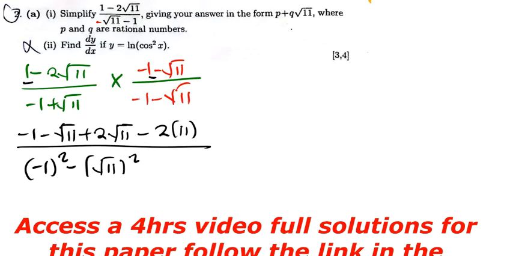Okay, so now I'll have negative 11. These two, I'll end up having negative 1 plus these two is root of 11, because 1 plus negative 1 plus 2 is 1. Then I'll have this 22. I divide by negative 1 squared is 1, then that is going to be negative 11. So that is going to be negative 20.